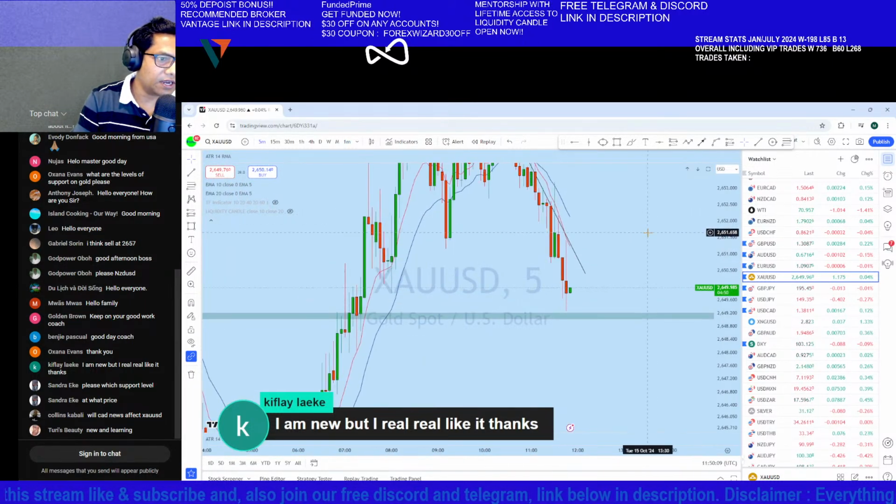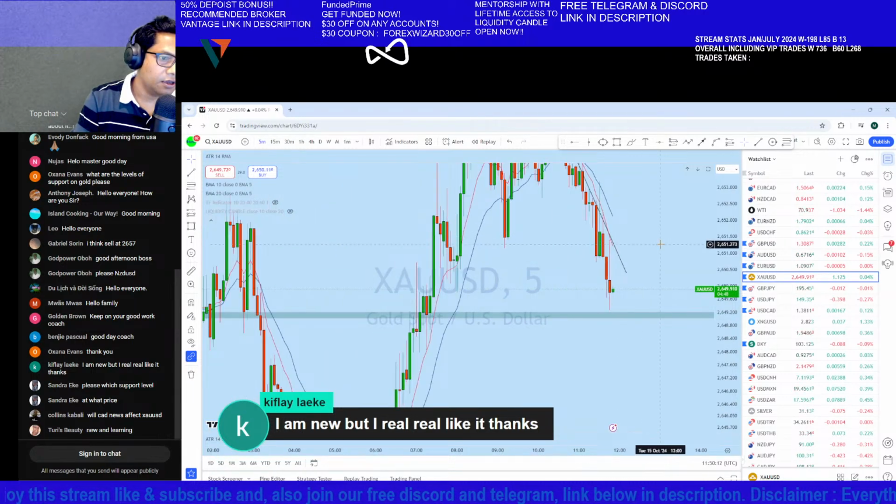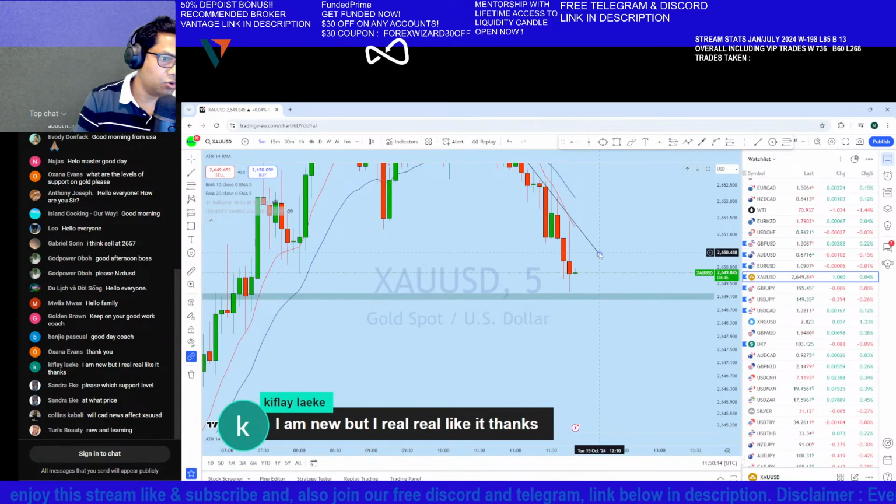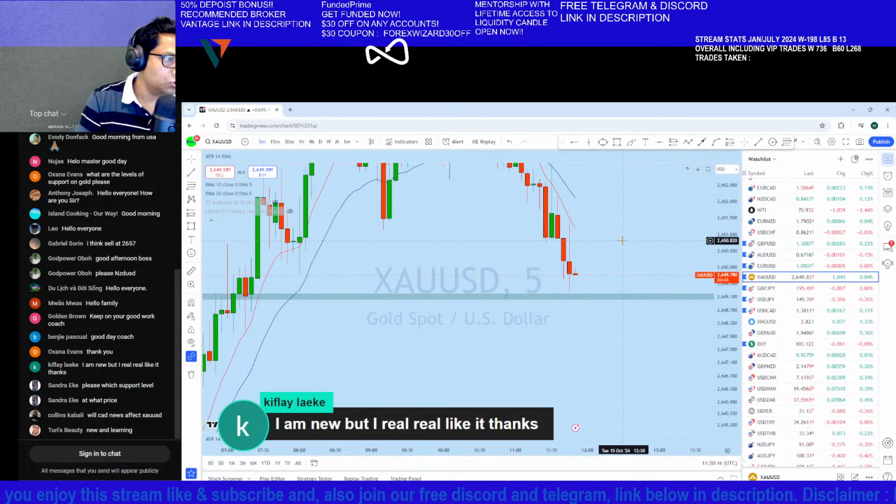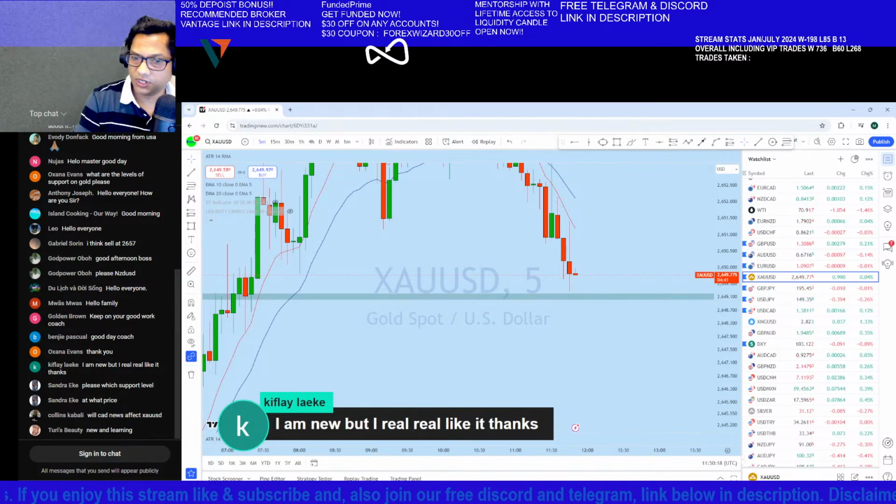So 5 minutes, a candle formation, which is basically potentially a liquidity candle, which might lead that price towards the downside here.